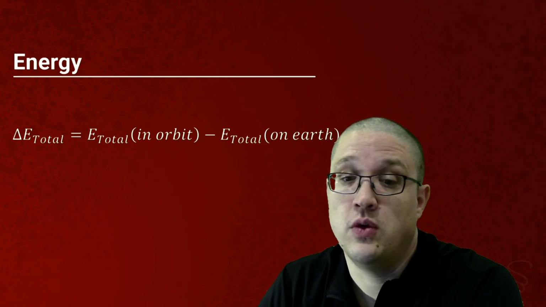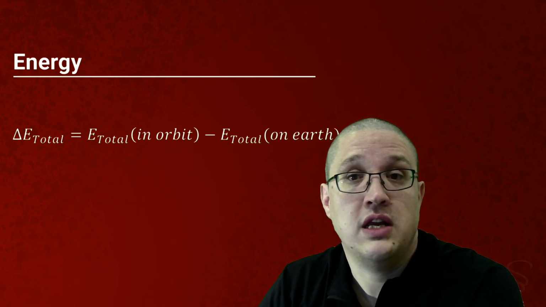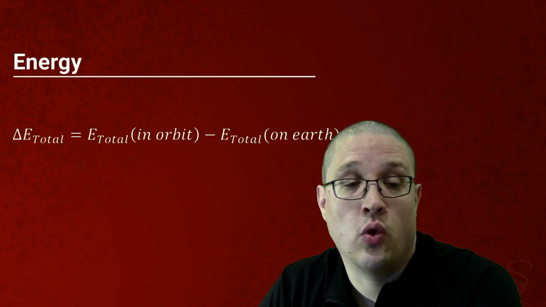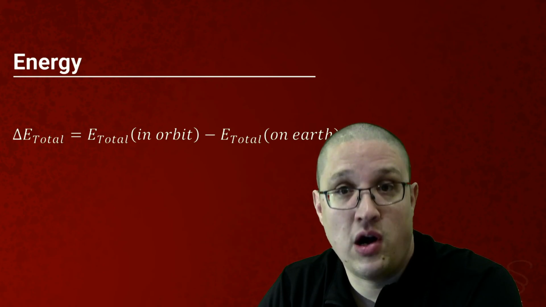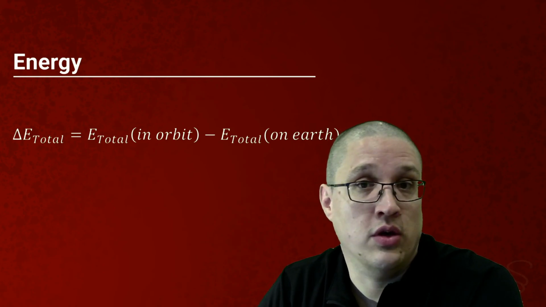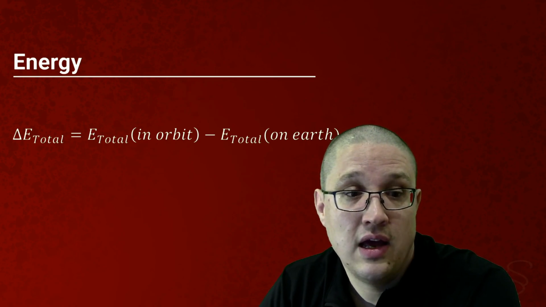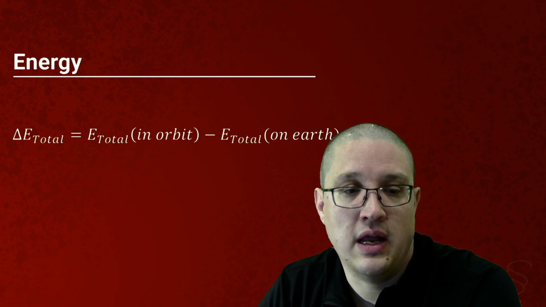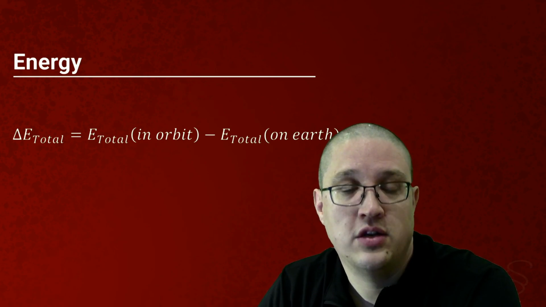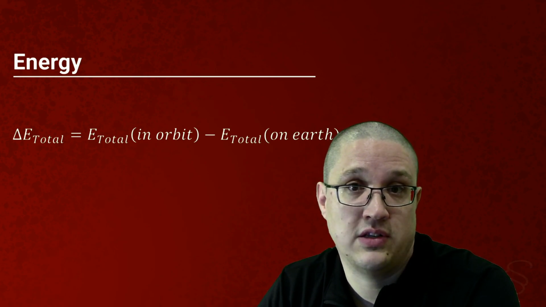For example, if you want to go to Mars, you need to change your orbit from the orbit of Earth to the orbit of Mars. In order to do that, you can use something called a Hohmann transfer orbit, which is a very efficient way to do that. But you still must put in enough energy to transition between those two orbits.